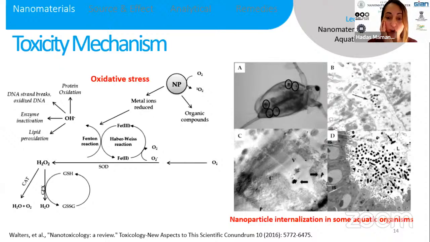Therefore, if we have overproduction of reactive oxygen species, more than the cell itself is able to balance, then we have oxidative stress, okay? And this oxidative stress means that the cell cannot maintain its natural physiological redox-regulated functions, okay? So this is a very important issue.